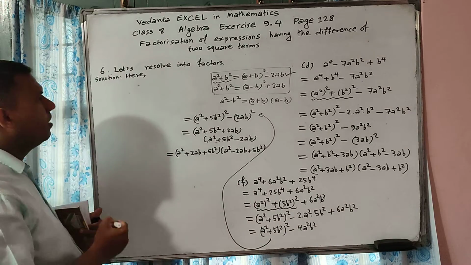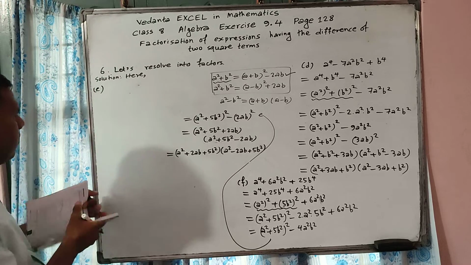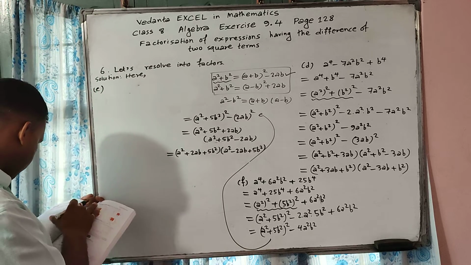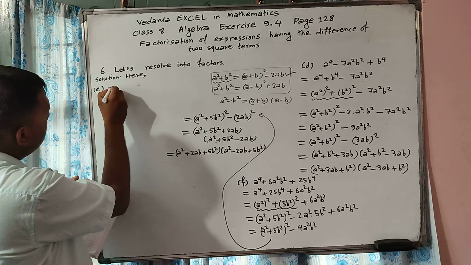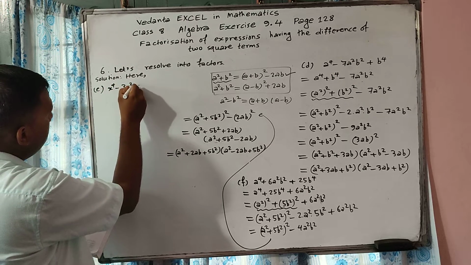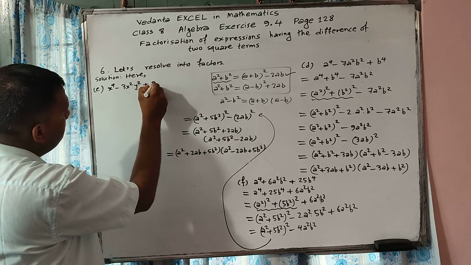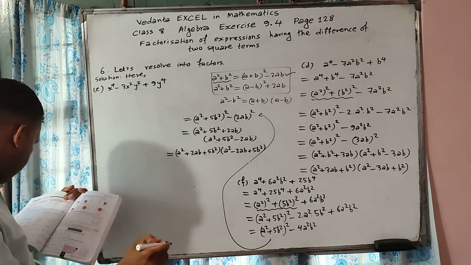Now we go to 16. On 16 we have x⁴ − 3x²y² + 9y⁴.